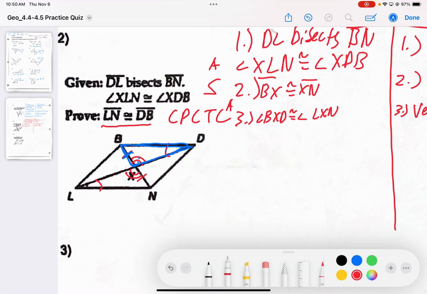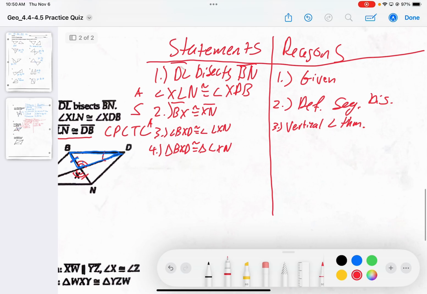All right, so then I'm going to prove the triangles congruent. So triangle, let's say BXD is congruent to triangle LXN. And the reason for that, which we just talked about, was angle, angle, side theorem. The part that's different with the CPCTC proof is the part that I'm about to write in blue.